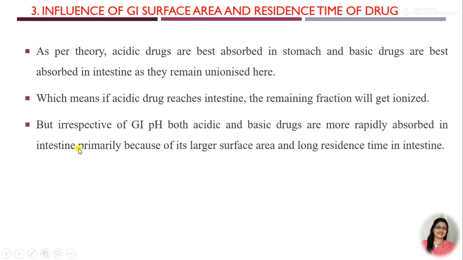But experimentally it has been shown that irrespective of gastrointestinal pH, both acidic as well as basic drug are more rapidly absorbed in intestine. And this is seen because of the larger surface area of intestine and long residence time of drug in the intestine.